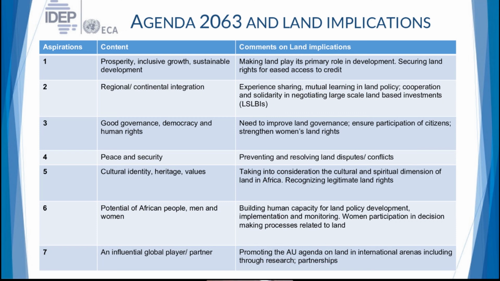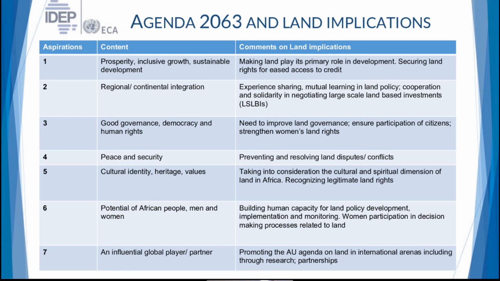Land governance has to do with this through the need for preventing and resolving land disputes and conflicts, which are at the core, roots of most conflicts. Cultural identity, heritage, and values. Land has to do with this, as in Africa, land has a very important cultural and spiritual dimension.